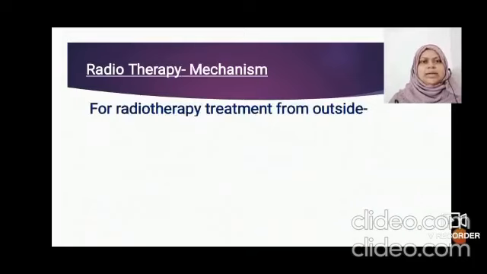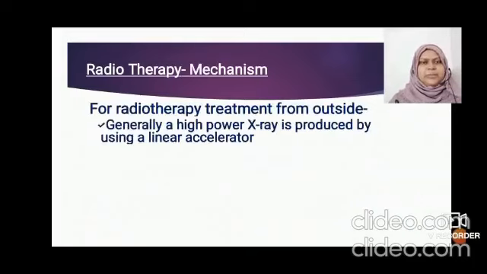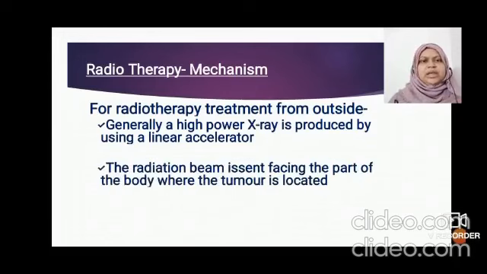Now, mechanism of radiotherapy. For radiotherapy treatment from outside, generally a high power X-ray is produced by using a linear accelerator. The radiation beam is sent facing the part of the body where the tumor is located.